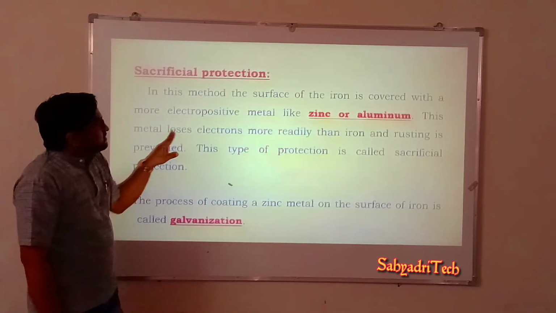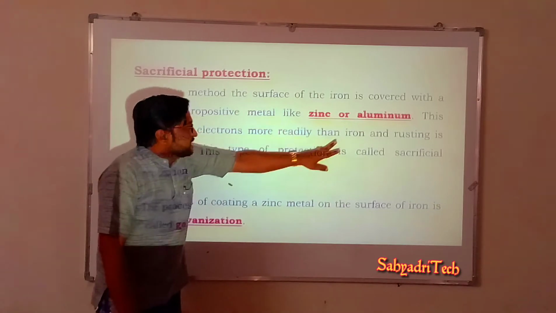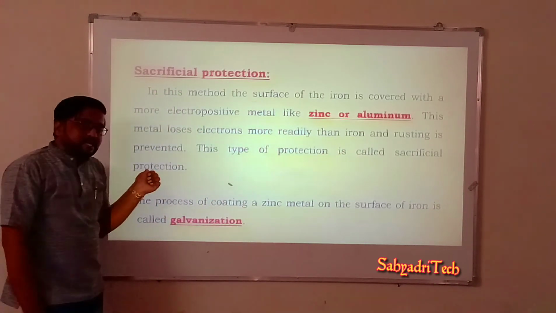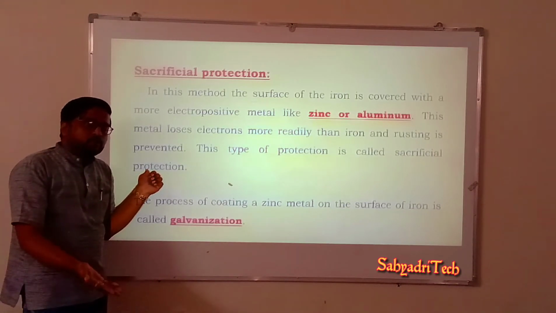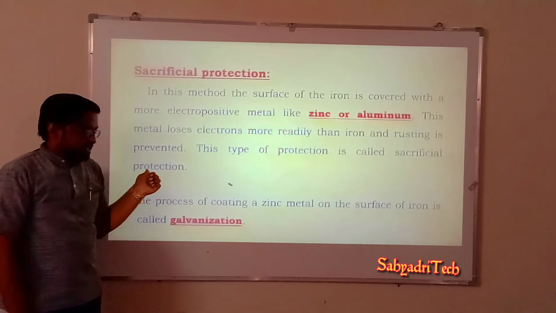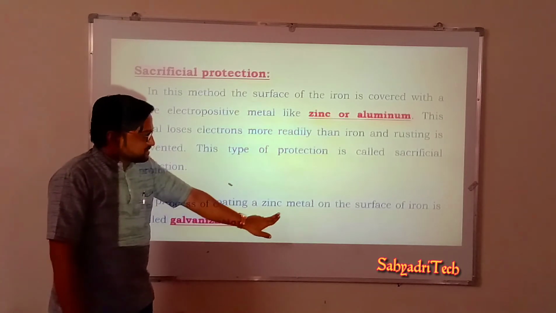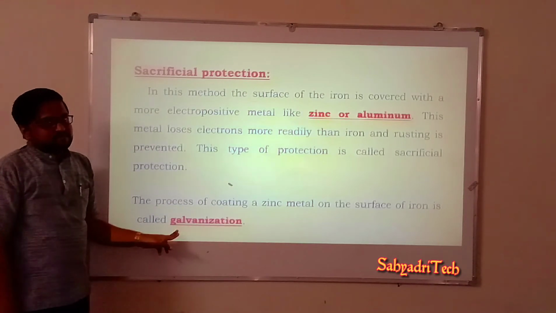So in this, the metal loses electrons more readily than iron, and rusting is prevented. This type of protection is called sacrificial protection. Means we are losing one metal to protect against the corrosion of another metal. So here the process of coating zinc metal on the surface of iron is basically called galvanization.